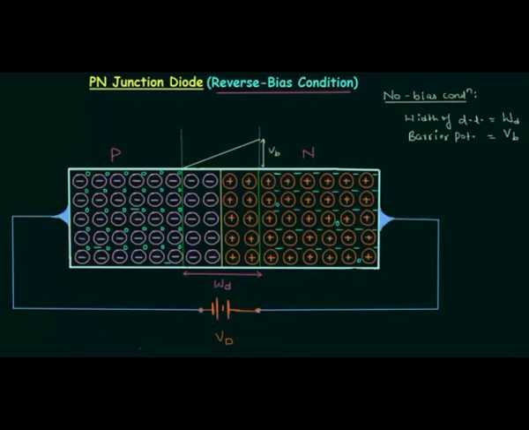This will lead to a new depletion layer, and the depletion layer is wider if we compare it with the forward bias condition.